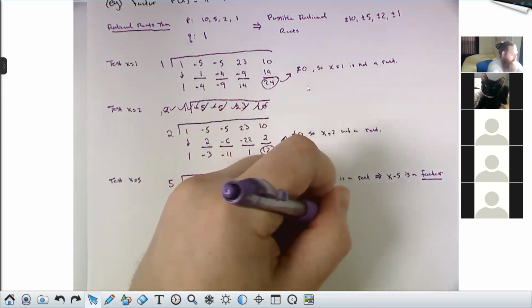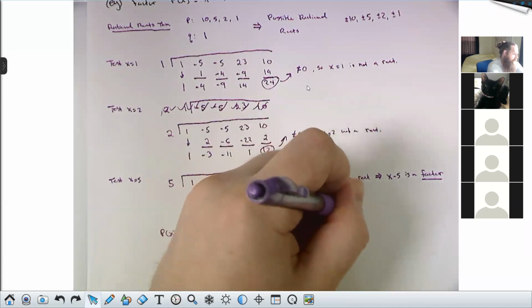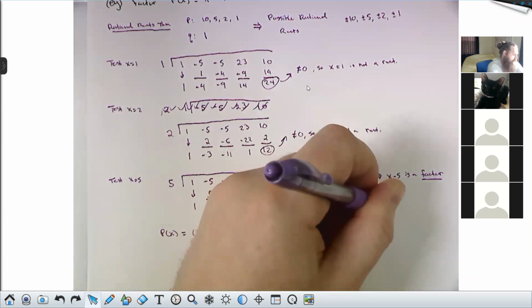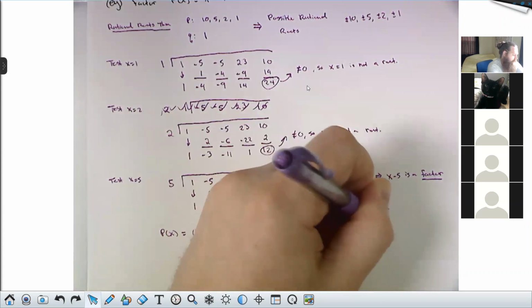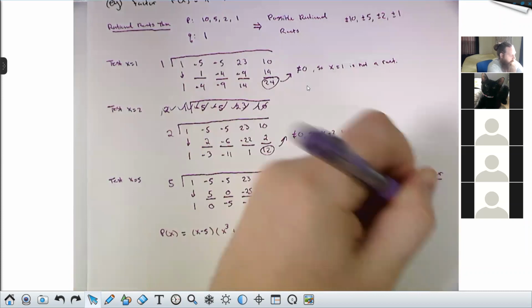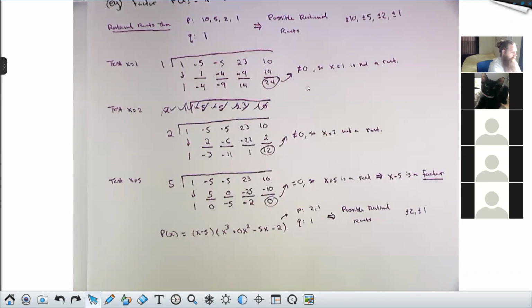So we only have to check plus minus 2 and plus minus 1. And it gets better. I've already tested x equals 1 and x equals 2. You see, if 1 was a root of this, then it would also have been a root of the original.